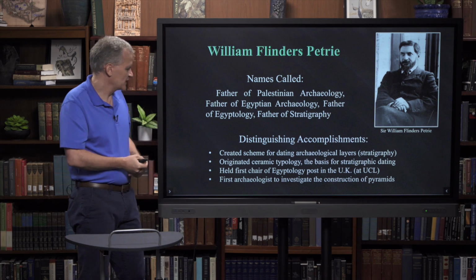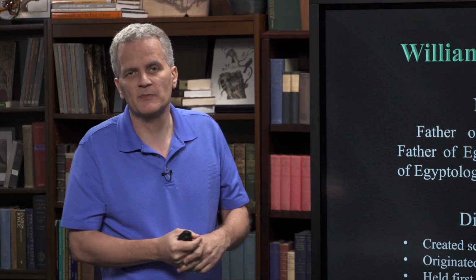Petrie also originated ceramic typology, which is the basis for stratigraphic dating. So what Petrie did is he looked at pottery and saw that you had uniform styles in various periods. Those same occupational levels clearly show the definition of individual occupational periods where you have different people of different times.